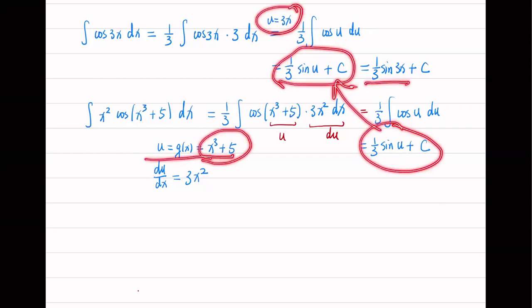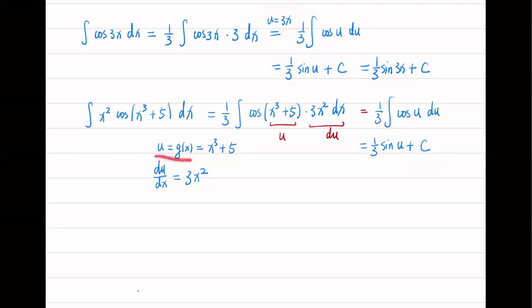For the previous one, u is 3x. We switch back, we have this. In this one, u is x cubed plus 5. So Zichen, what's the last step? Okay, so this is the u substitution.